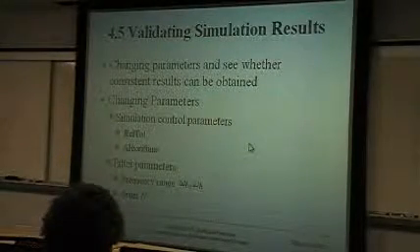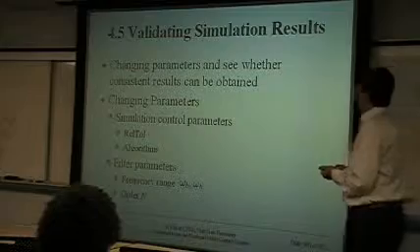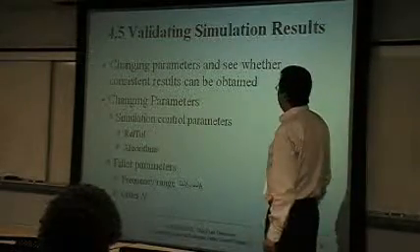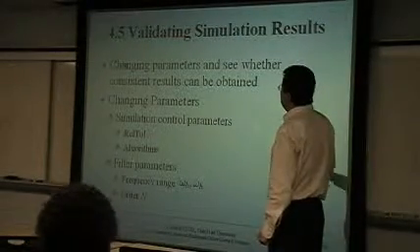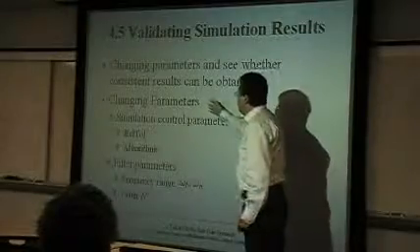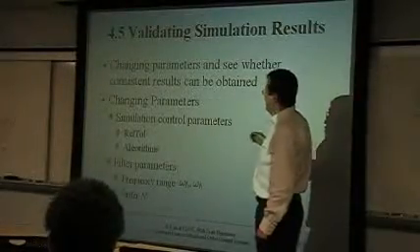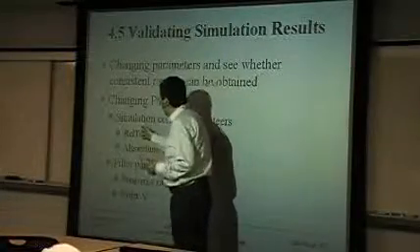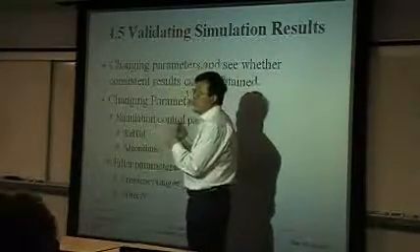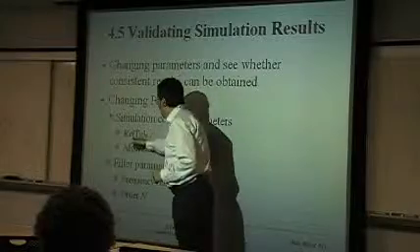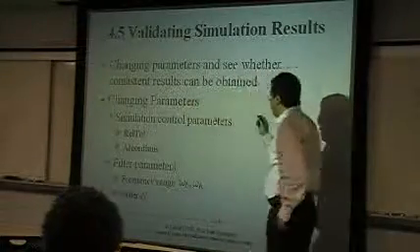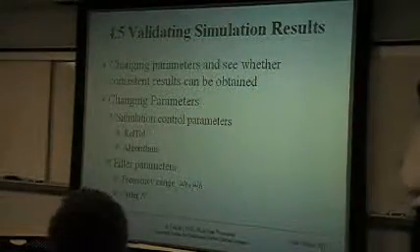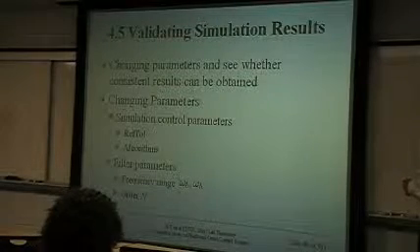There are a few methods to validate simulation results for nonlinear systems. One is to change the simulation parameters. For instance, we can change the relative error tolerance. We can reduce the size of the relative tolerance, just like in the case of the ode45 function.